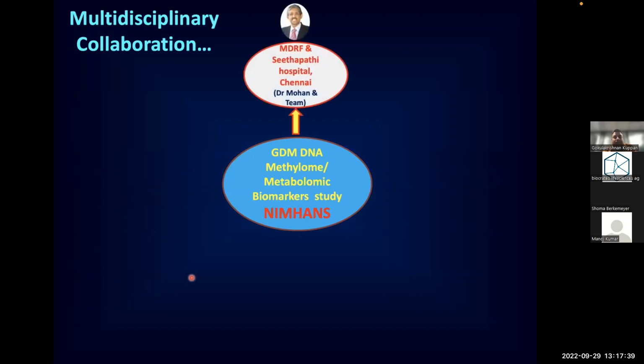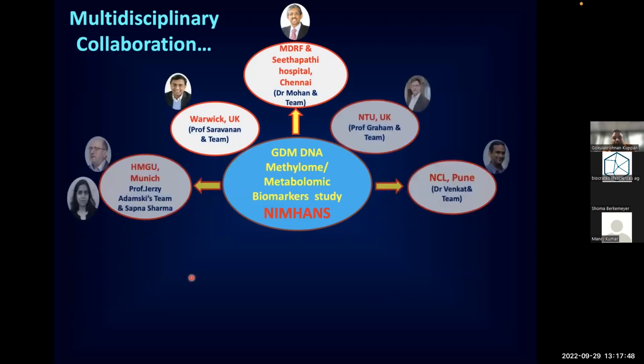One is from Madras Diabetes Research Foundation, where Dr. Mohan is the main primary collaborator for my study, and from Warwick, Professor Saravanan Ponnusamy, and of course Professor Jurek and Sapna from Helmholtz and Technical University of Munich, and Professor Graham, who is leading the team of bioinformatics, and Sapna is also helping us with bioinformatics in GDM data analysis. And Professor Jurek is a backbone for us, he gives the technical advice, and he is the mentor for my project.